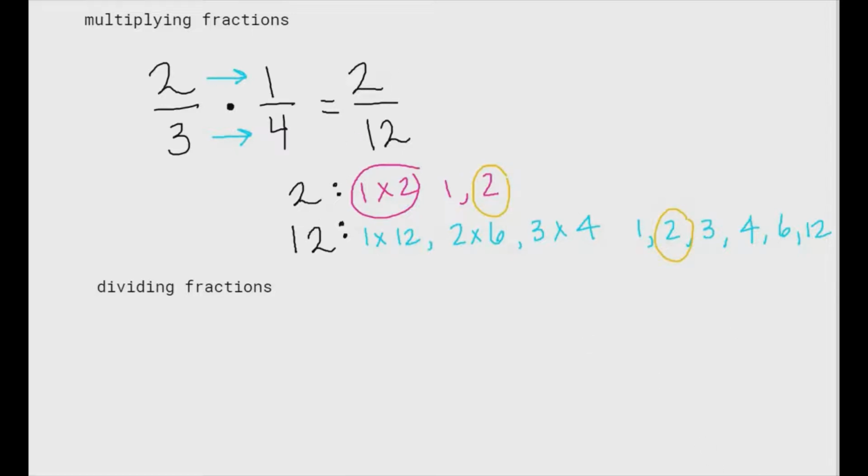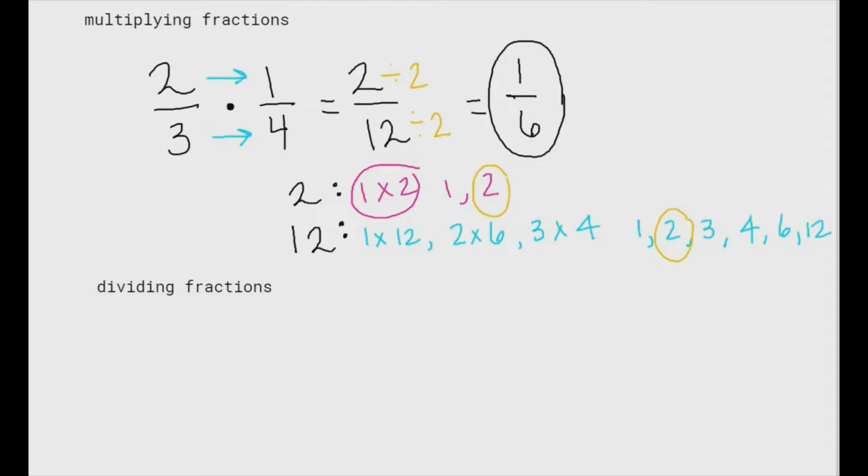So what I can do is divide both the numerator and the denominator by 2, which will give me 2 divided by 2, that gives me 1, and 12 divided by 2, that gives me 6. So that's going to give me my simplified answer. This 2 over 12, it's not incorrect, it's just not simplified. So again, that 1 over 6 is my simplified answer.